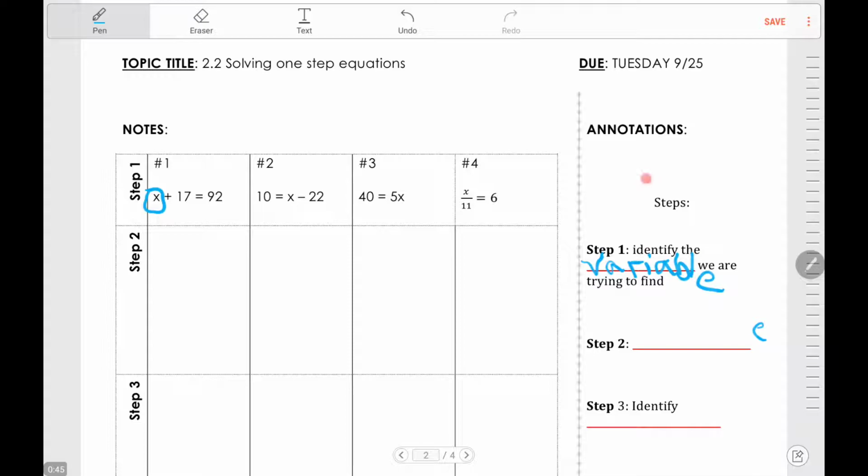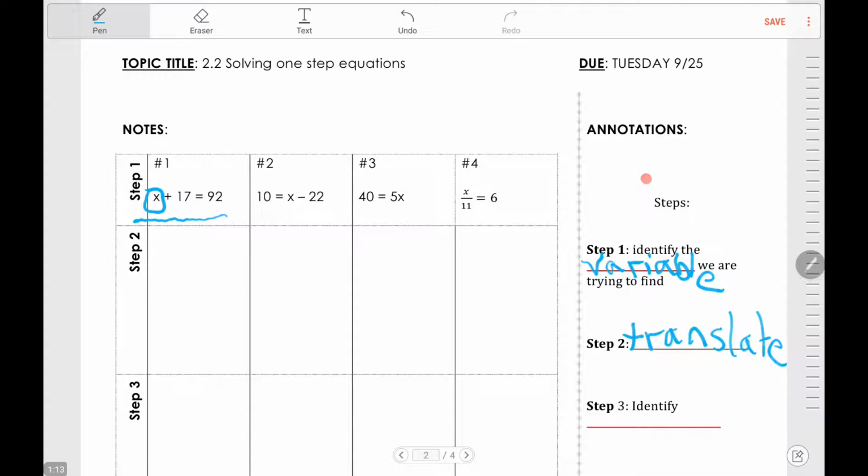Now our next step is going to be to translate. Okay? Now translate means to change from one form into another. So right here we have an equation. That's a sentence in math. We want to translate it. We want to make it a sentence in English.